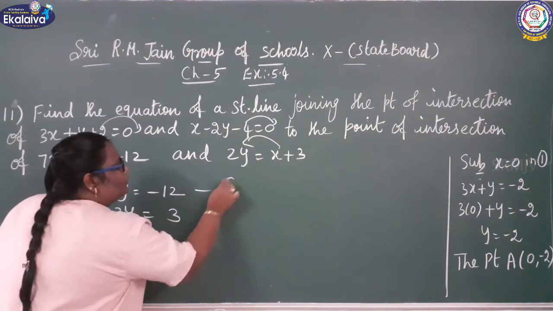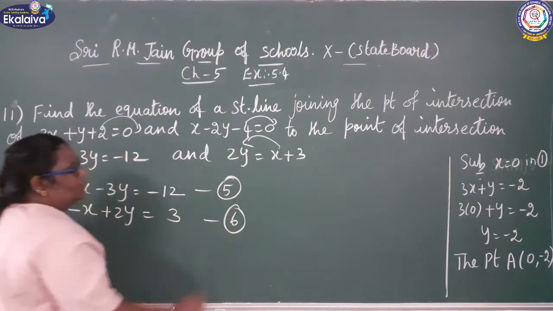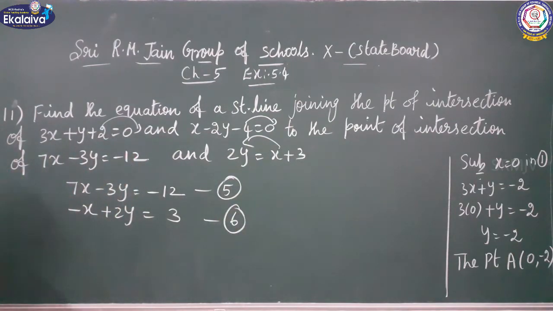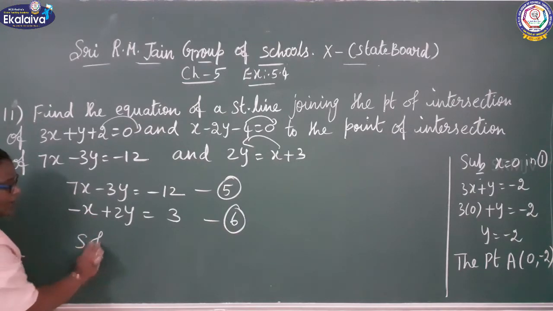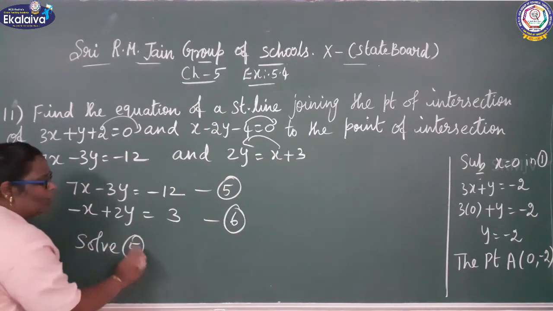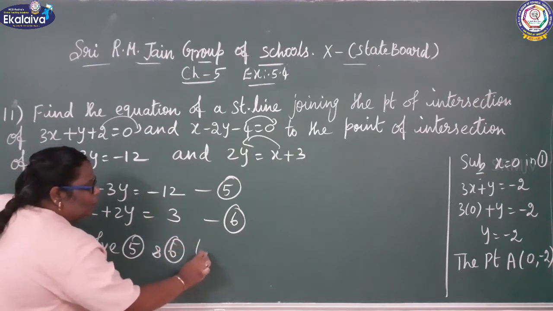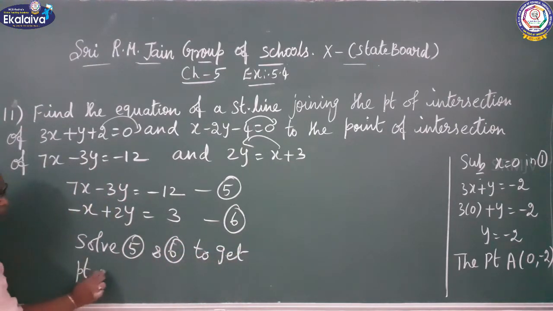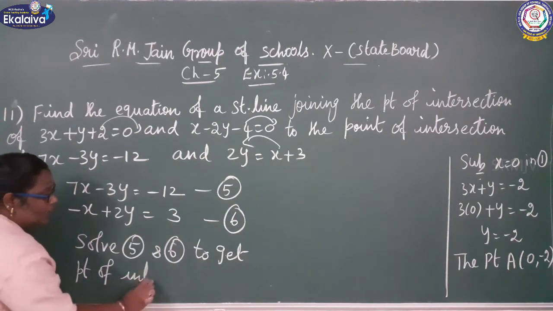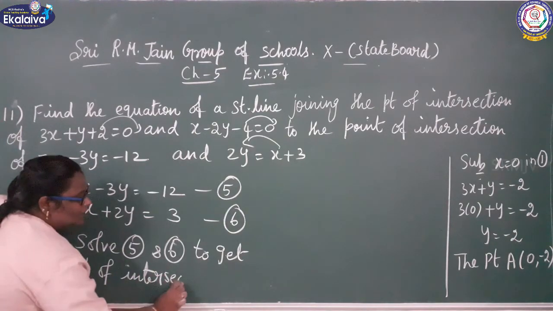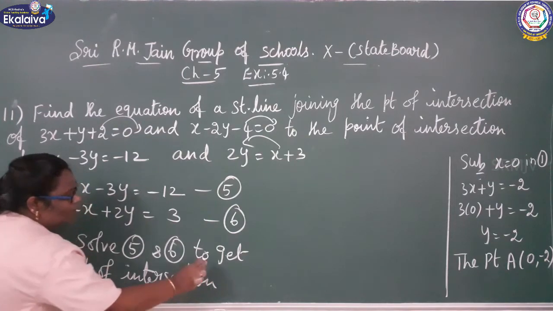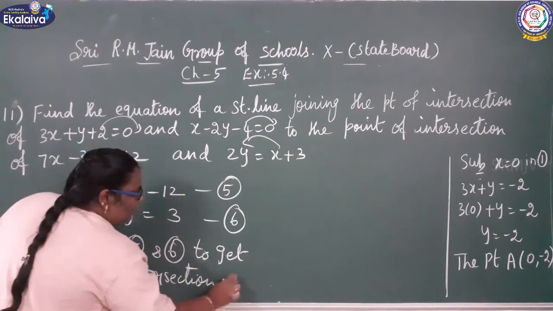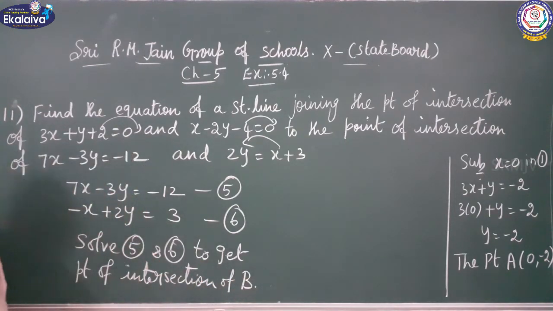Take it as fifth equation and sixth equation. Solve 5 and 6 to get the point of intersection, which you can mark as B.